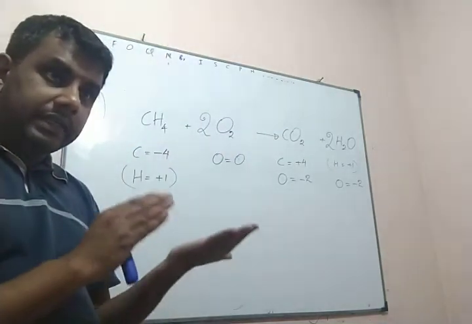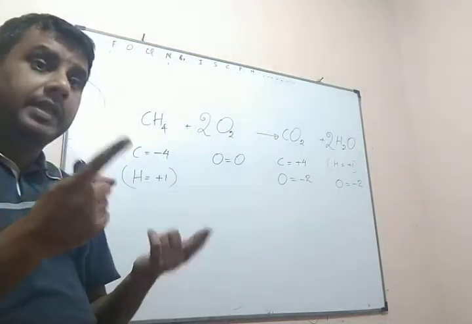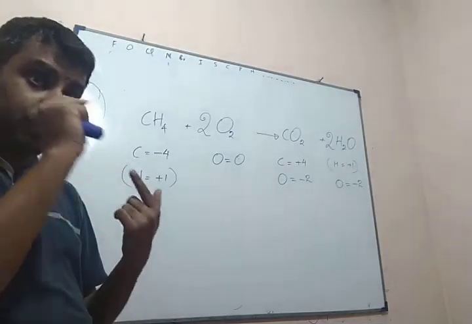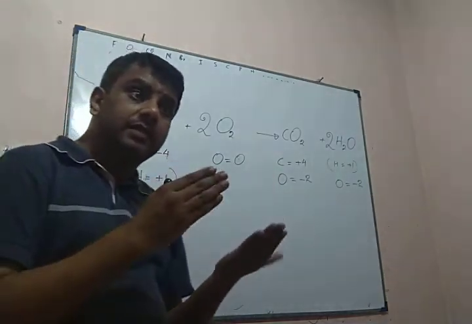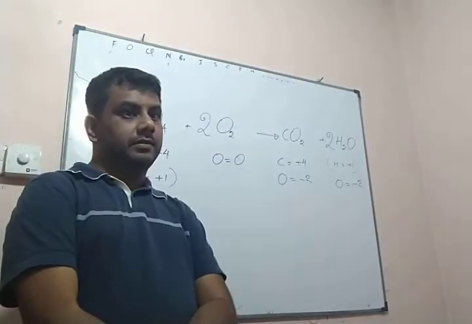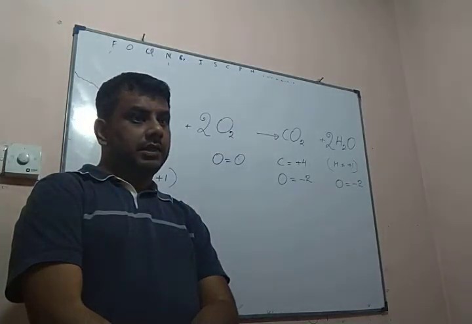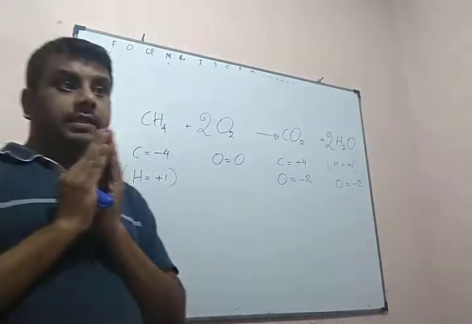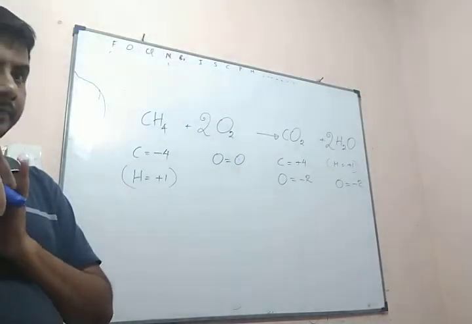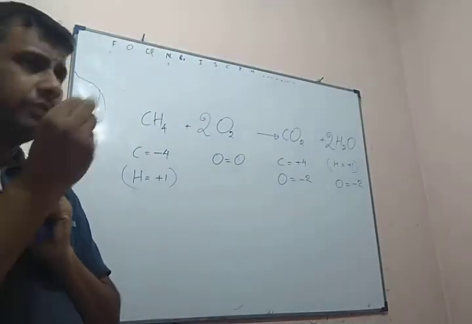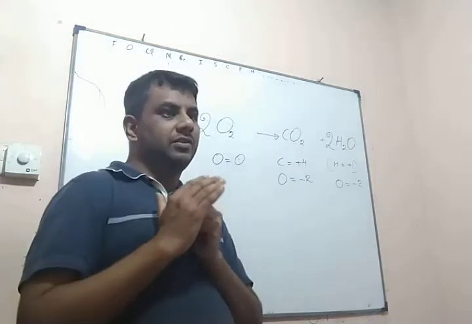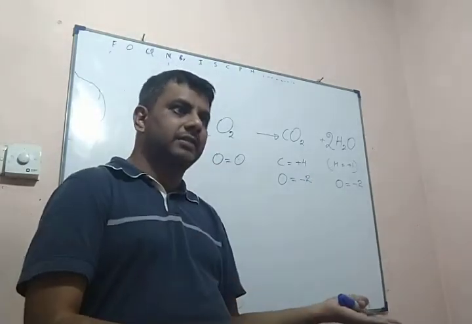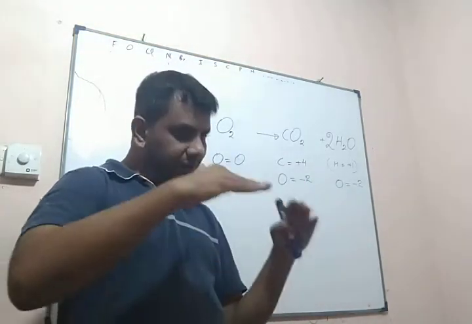If the number of electrons increases, negative charge increases, which means the oxidation state decreases. So oxidation number is defined by positive charge. Oxidation number increases means oxidation. Oxidation number decreases means reduction.